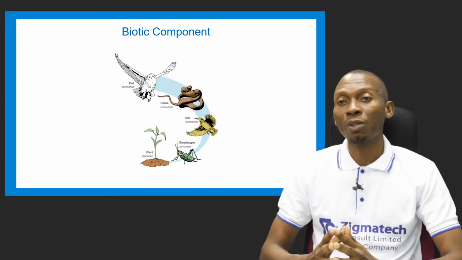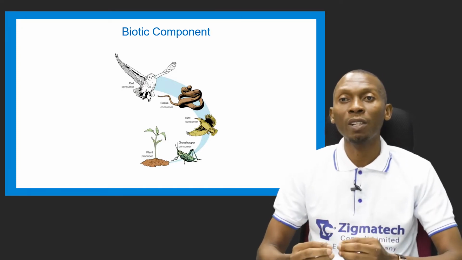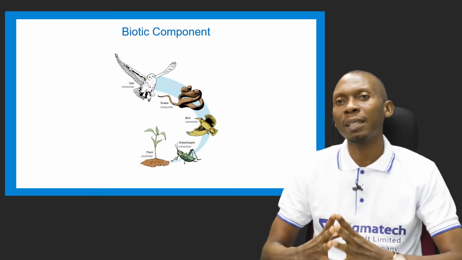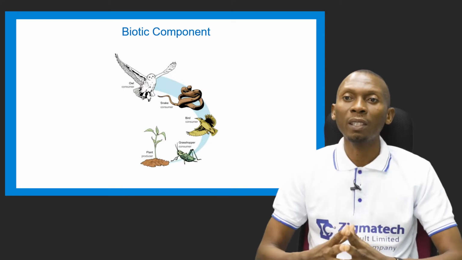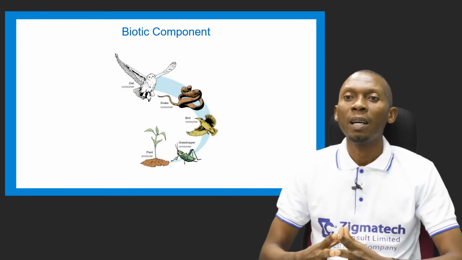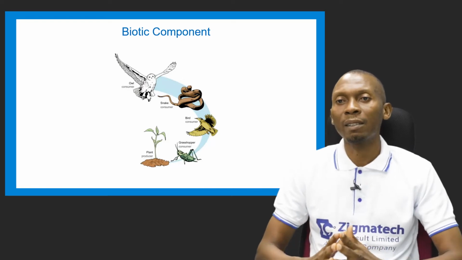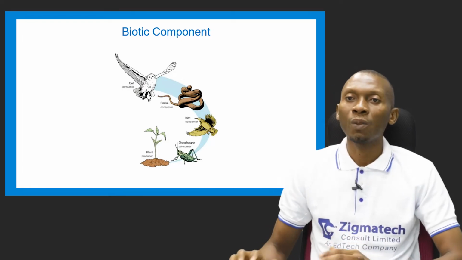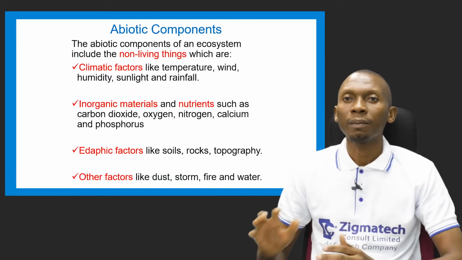So this is actually a food chain that shows the transfer of energy from one organism to the other. It also helps us to understand heterotrophism. So you can see the other organisms, the bird, the snake, and the owl, by consuming each other, indirectly get their energy from the plant, while the grasshopper directly gets its energy from the plant.